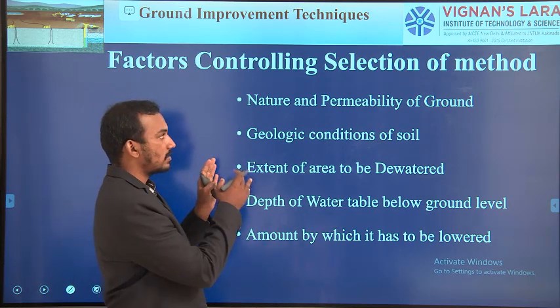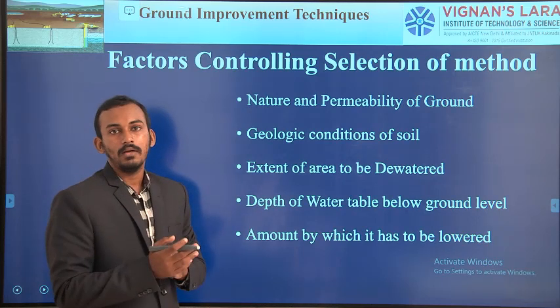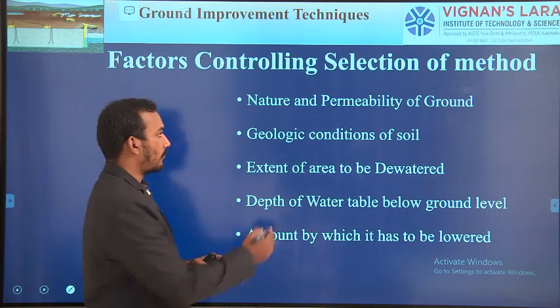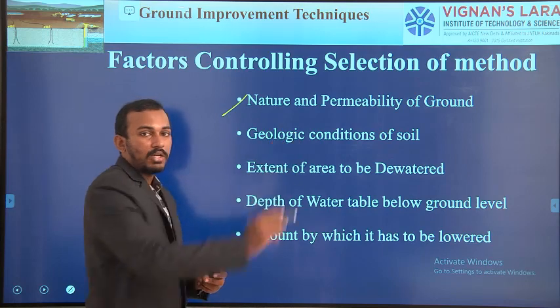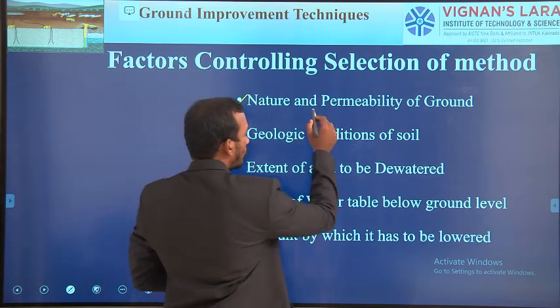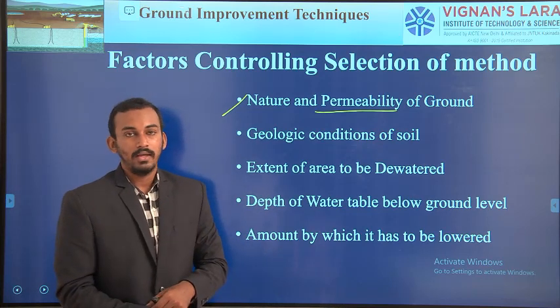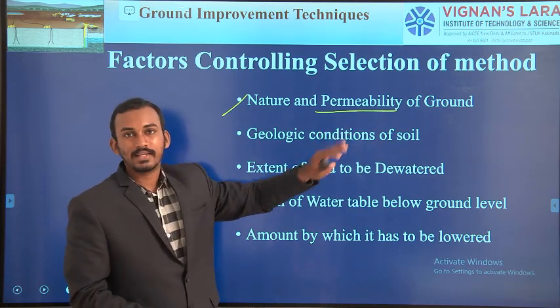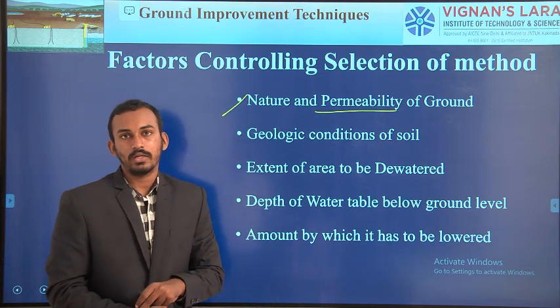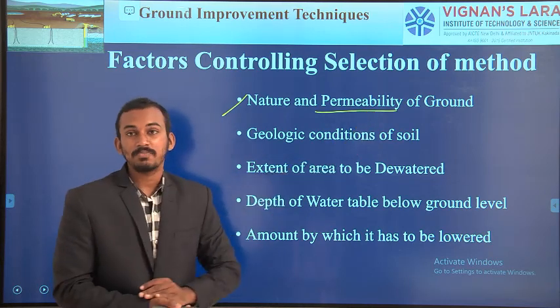What are the factors that make us use a particular method? The first one is the nature and permeability of the ground. If we have to remove the water, permeability is the most important one. If the soil present at our site is clay, it contains so much water, but it has very low permeability.